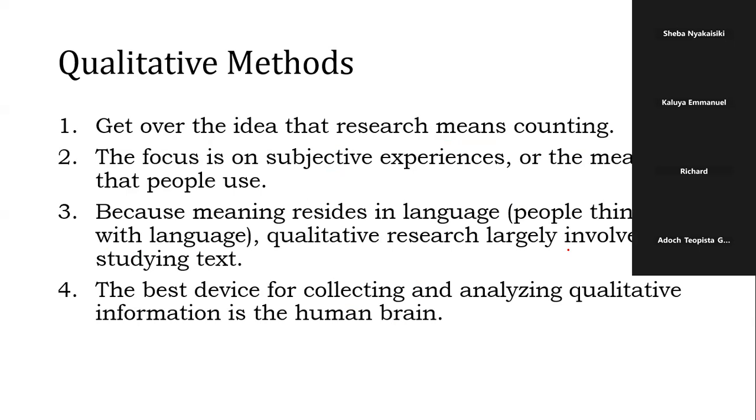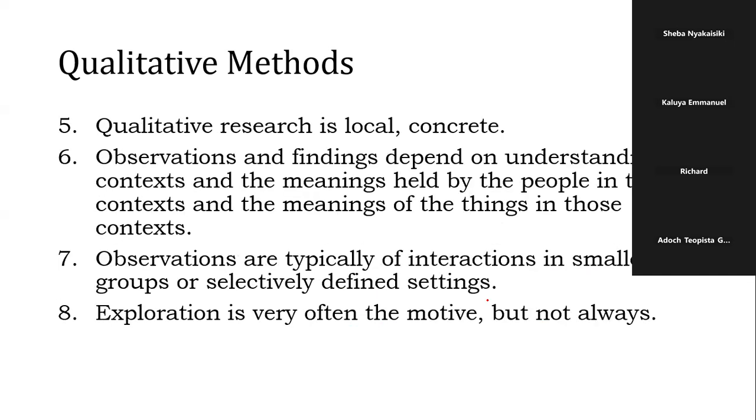We know that qualitative research methods is not about counting, it is about narration, giving a total picture of the phenomena that you're studying. Now, the best device for collecting and analysis is your human brain. Of course, even in quantitative, but here it is very much what you've observed, how you have understood it, and you're giving feedback.